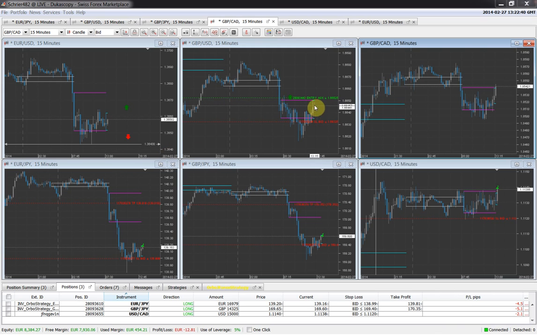So I prefer to be with the stronger currency than with the weakest one. You can compare here the two. Okay, that's why I removed that entry.